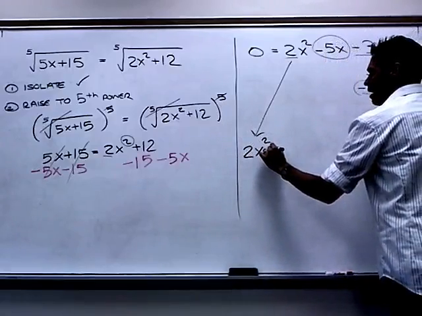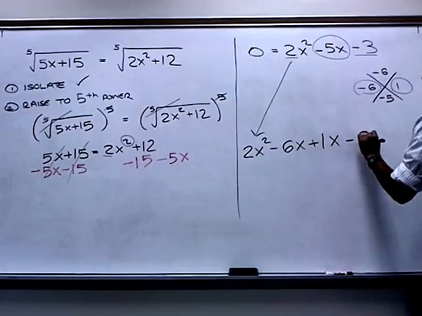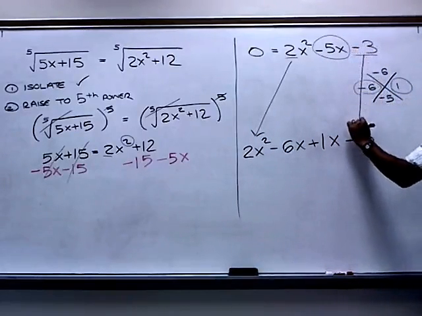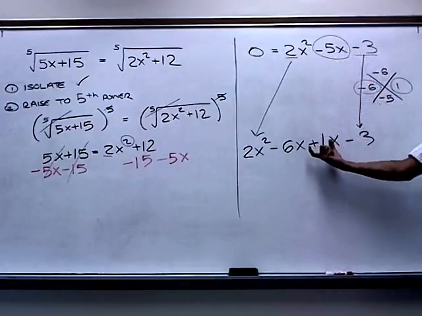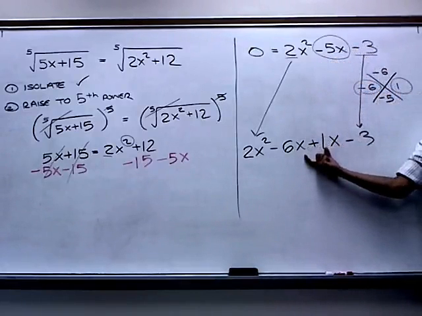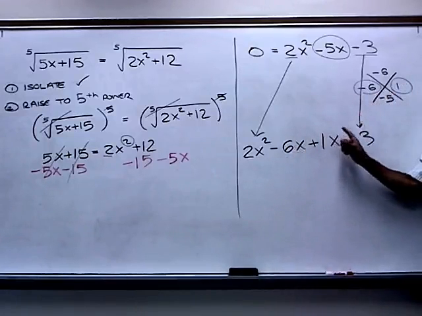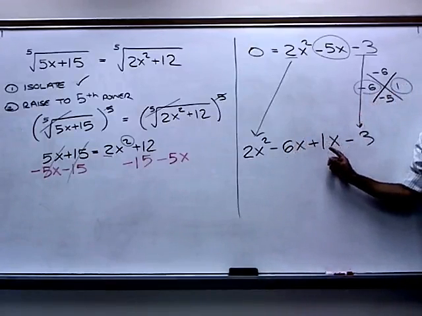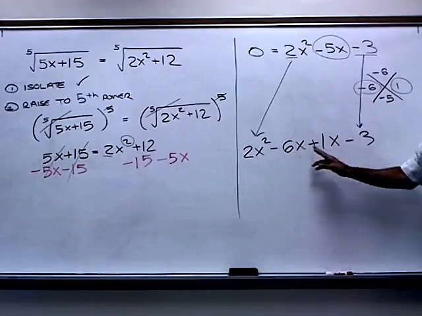And I would do 2x squared minus 6x plus 1x minus 3. See, the ends stay the same. The middle terms are these two numbers. Now, I did negative 6 first and then positive 1. You could do positive 1 and negative 6. So you don't put in that negative 5x, because look, this is negative 5x.